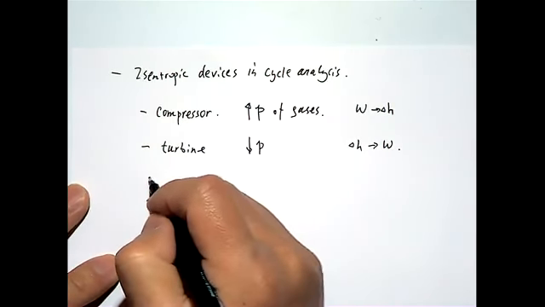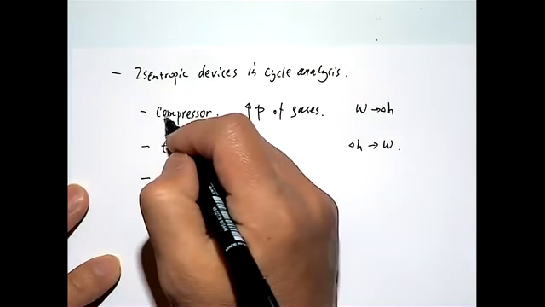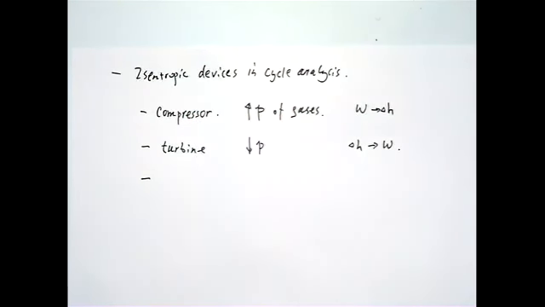These two you can consider a pair. In practice, if you're looking at a gas turbine, always the turbine and the compressor are on the same shaft. So it's a coaxial design.